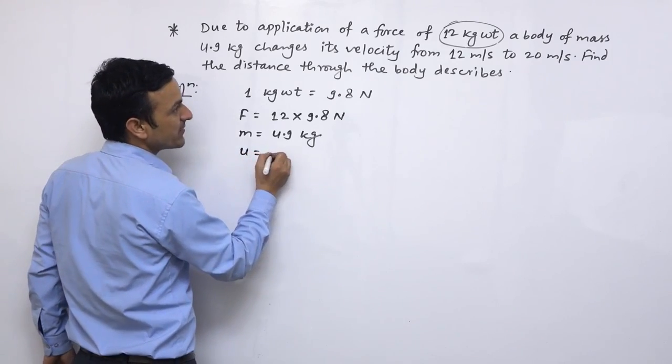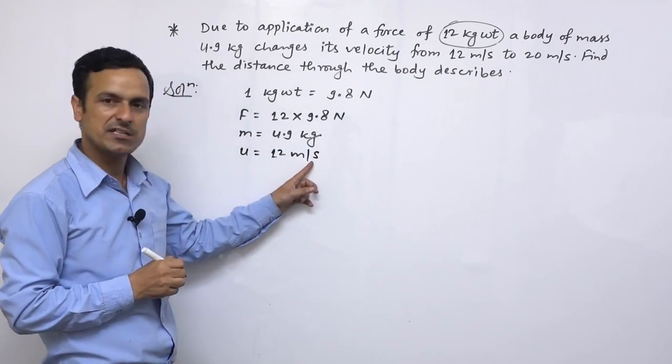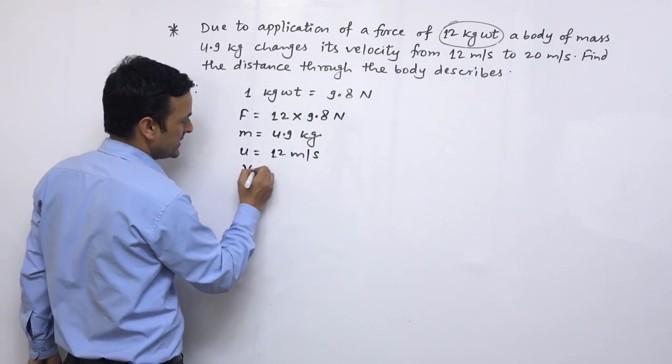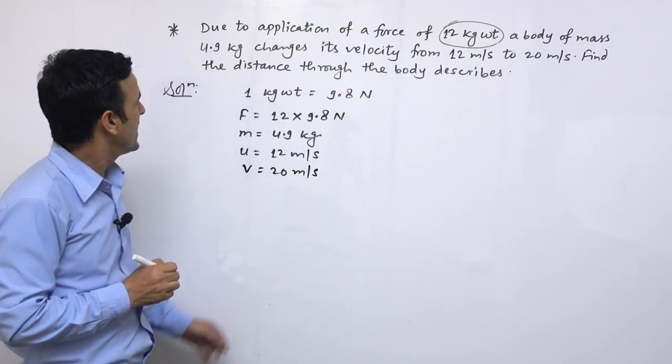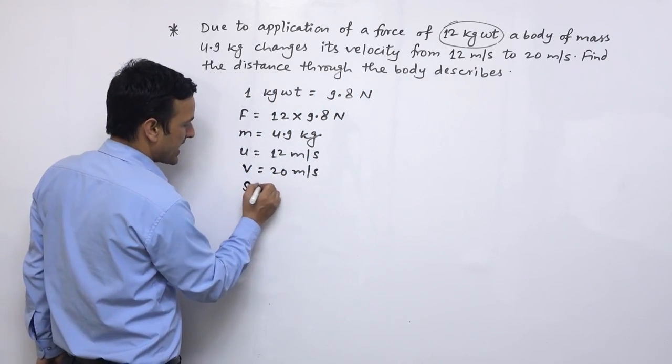So starting velocity is 12 meter per second, and final velocity is 20 meter per second. Find the distance the body describes.